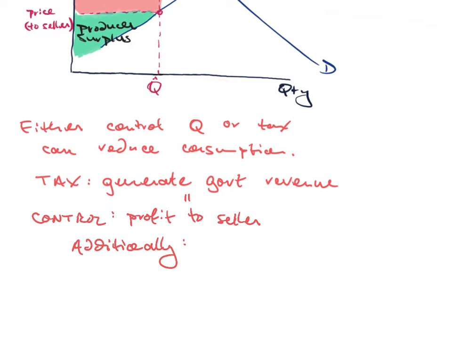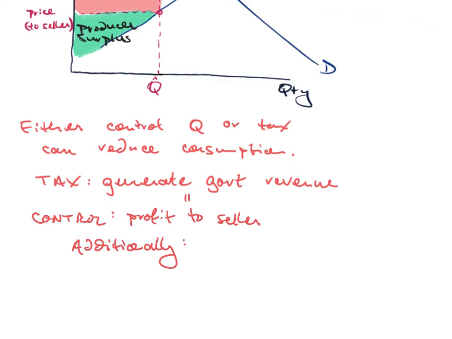Do we want a law that makes drug dealers profitable, gives money to drug dealers, or a law that does the same job of restricting consumption, but instead generates the equivalent amount in tax revenue? I think most people would prefer to have tax revenue instead of making drug dealers rich.